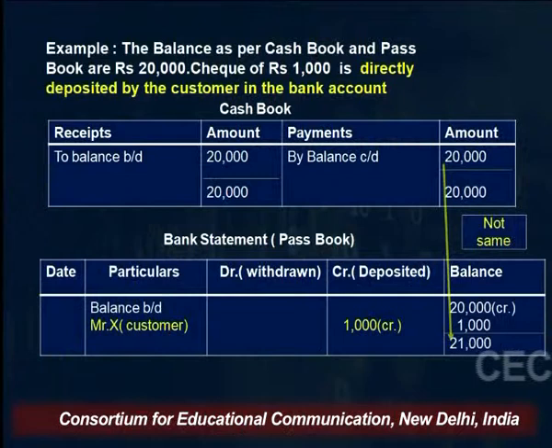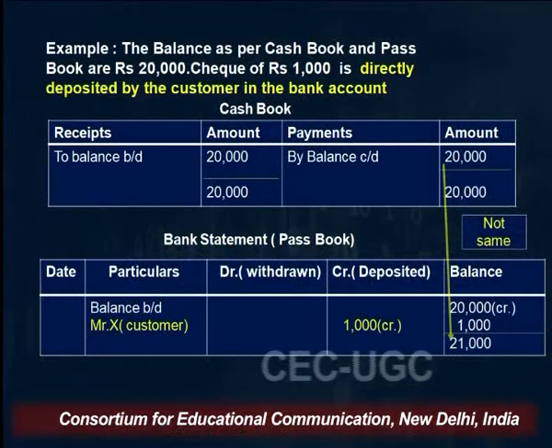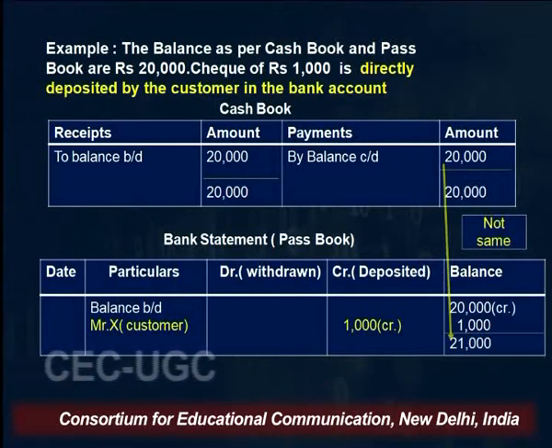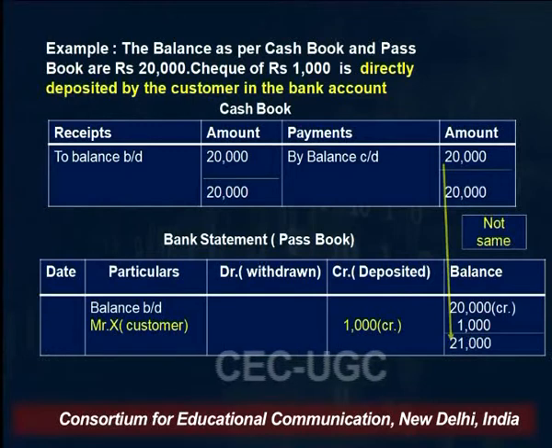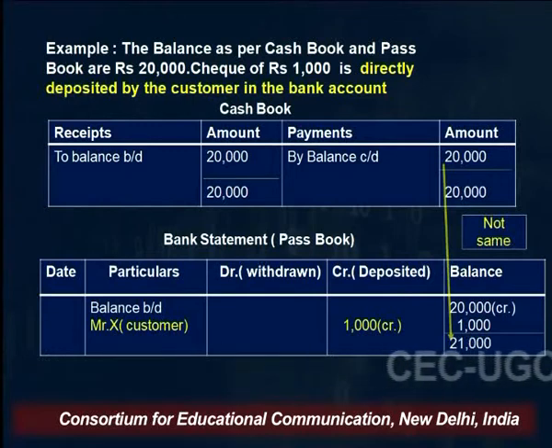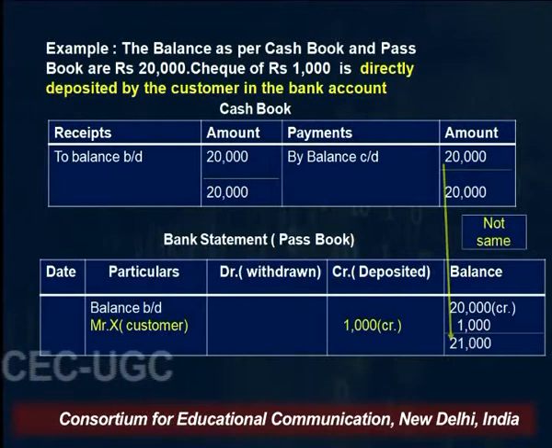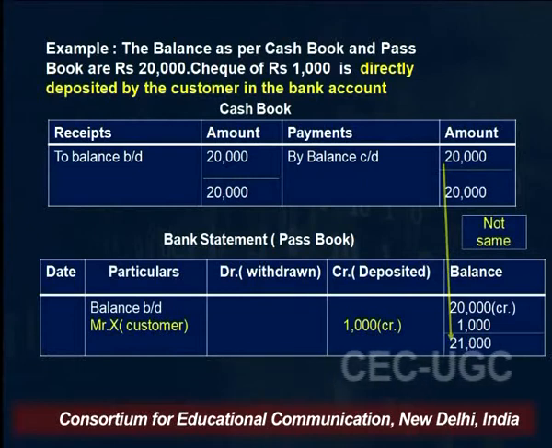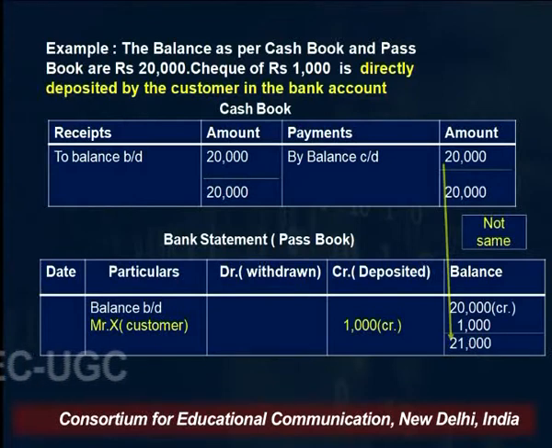The balances of both the books, that is cash book and passbook, were rupees 20,000. A check of rupees 1,000 is directly deposited by the customer in our bank account. In that case our bank balance will increase. That means our bank statement will depict rupees 1,000 more. But we were not aware of this transaction, so there is no entry in the cash book. That remained the same.